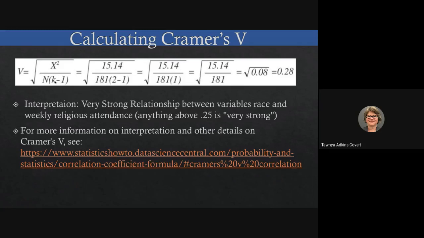But you can see that we had 2 rows in our religious attendance variable, attends weekly and does not attend weekly. So that 2, that's where this value is coming from. So 2 minus 1, and we run through our calculation and we end up with a value of 0.28. So that's the calculation of Cramer's V.